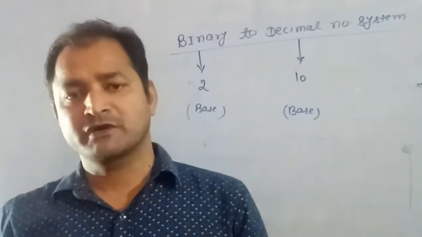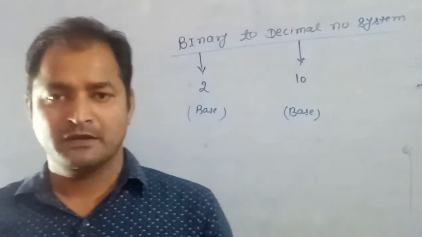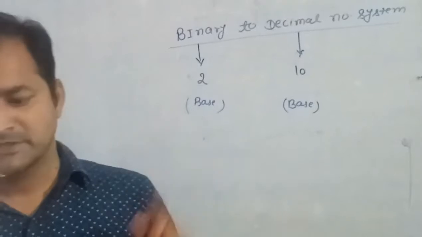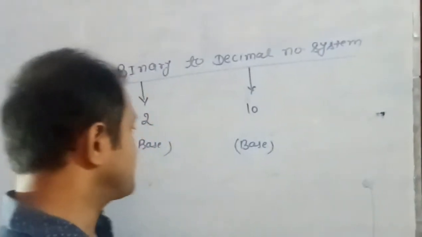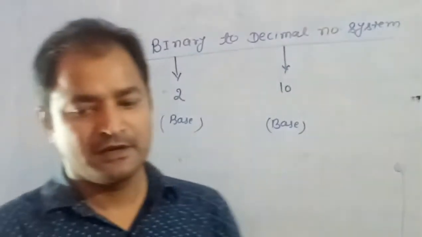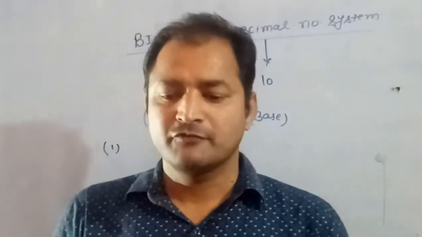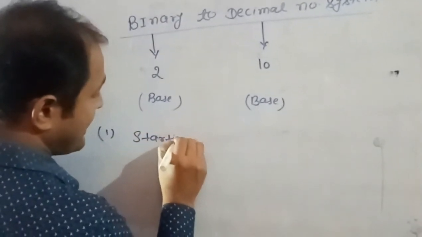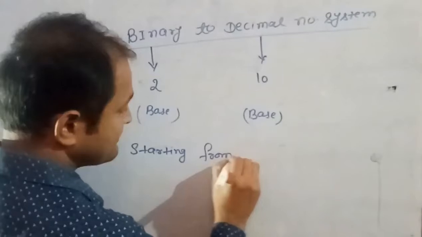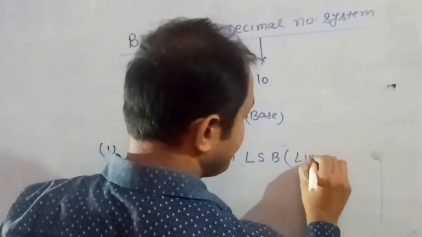First point, remember which type of conversion, decimal, octal. You must always remember the base. Second point: starting from the LSB, least significant bit.